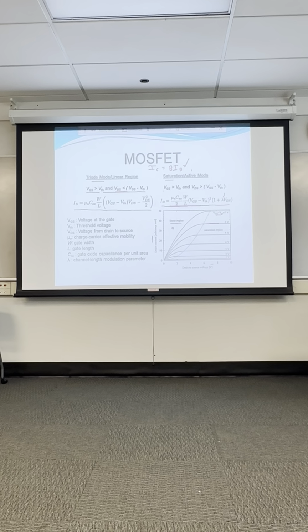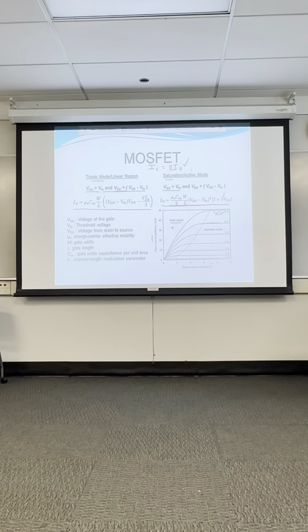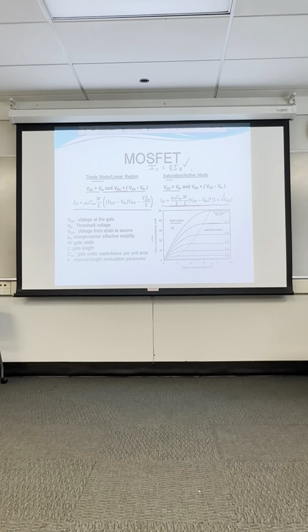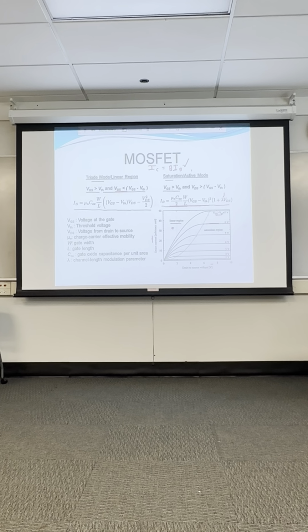So the conditions for the MOSFET to be in saturation, for the enhancement MOS: the gate to source must be greater than the threshold voltage, and the drain to source must be greater than the gate to source minus the threshold voltage. On this graph, it shows the saturation region. The region where the MOSFET will amplify is the saturation region.